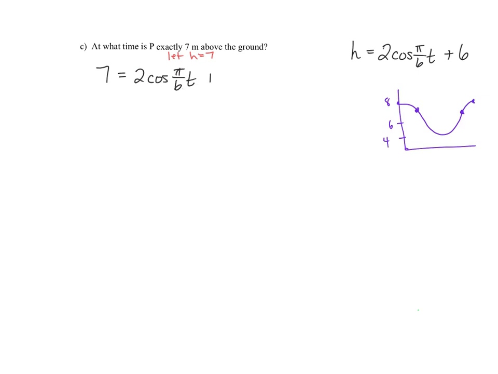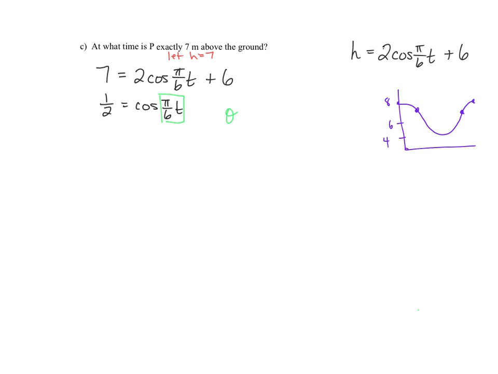So now we're just solving our trig equations, right? Bring the 6 over, divide by 2. So I have cos of pi by 6t equals 1/2. So please keep in mind, this is the same as thinking of all of that as theta.